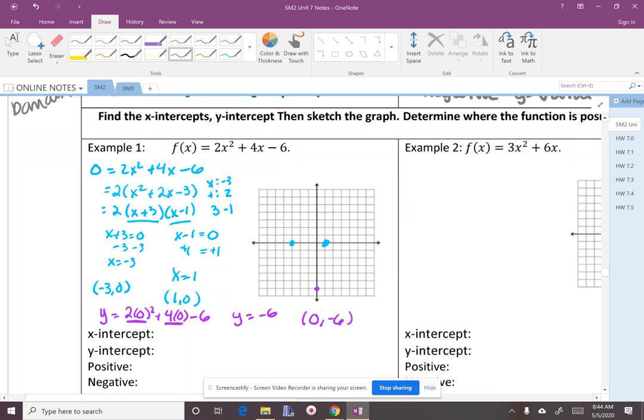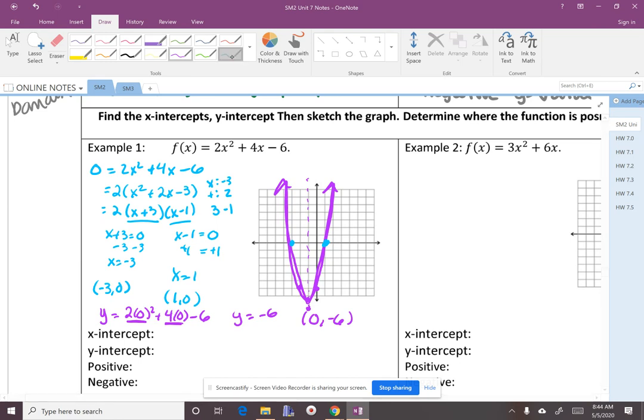So there's my point. And here's the cool thing. If I look at this, I'll have another point here because this will be my axis of symmetry. And then I've got a point right there, somewhere down here. Who knows? But this is my graph. That's my sketch. It's not exact, but that's my sketch.